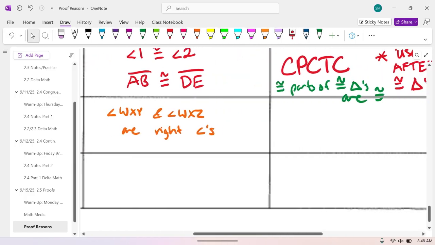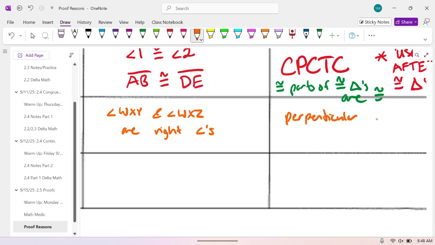And why? Well, it's because perpendicular lines form right angles. You guys already knew that about perpendicular. You know that if two lines are perpendicular, they form a right angle.